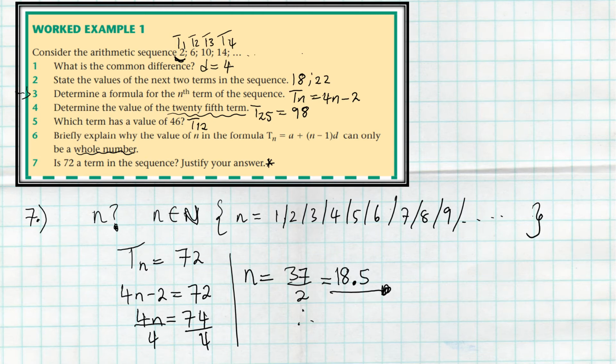So therefore, we can conclude, is 72 a term in the sequence? The answer is no. Justify your answer. This is because our n is not an element of a natural number. That can be your reason, just a simple reason.